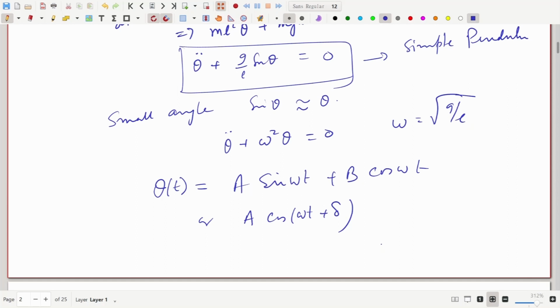So two unknown constants will be there, in the first solution a and b, and in the second solution a and δ. These unknown constants can be fixed from the initial conditions.